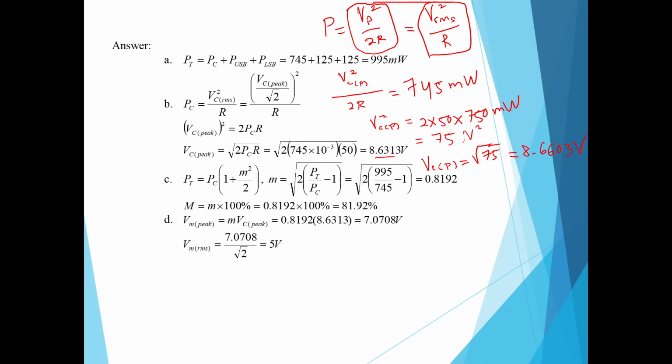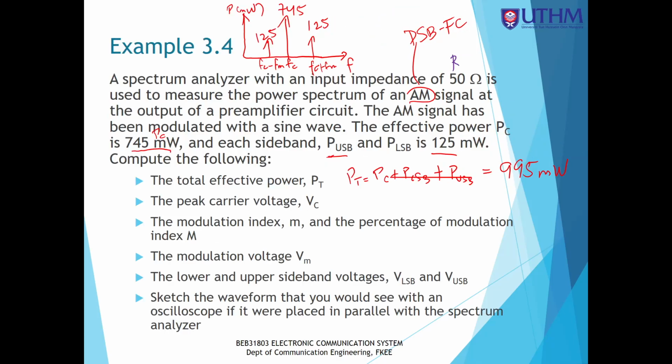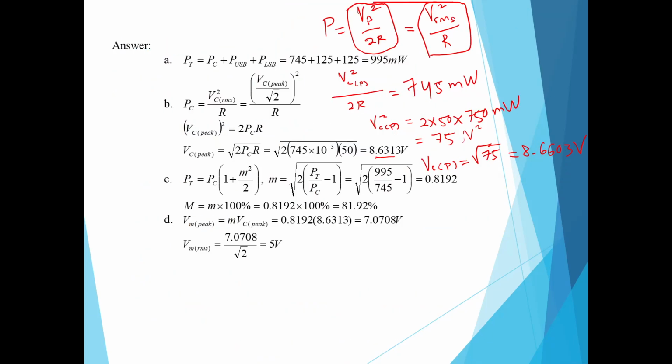And then what? The question asks for the modulation index M and the percentage of modulation index. In this case we can use the equations. Since we already know for the double sideband full carrier the simplified equation, PT equals PC in bracket 1 plus M square over 2.